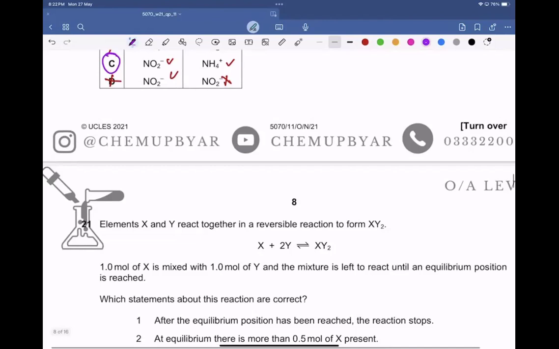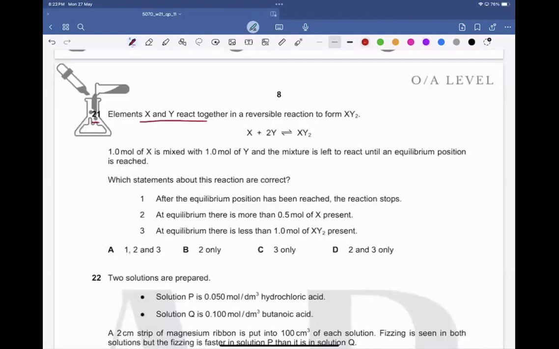Now question number 21. Elements X and Y react together in a reversible reaction to form XY2.